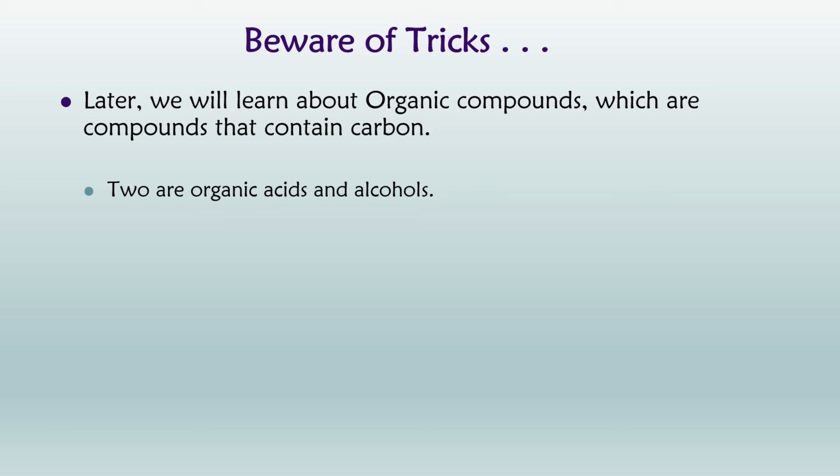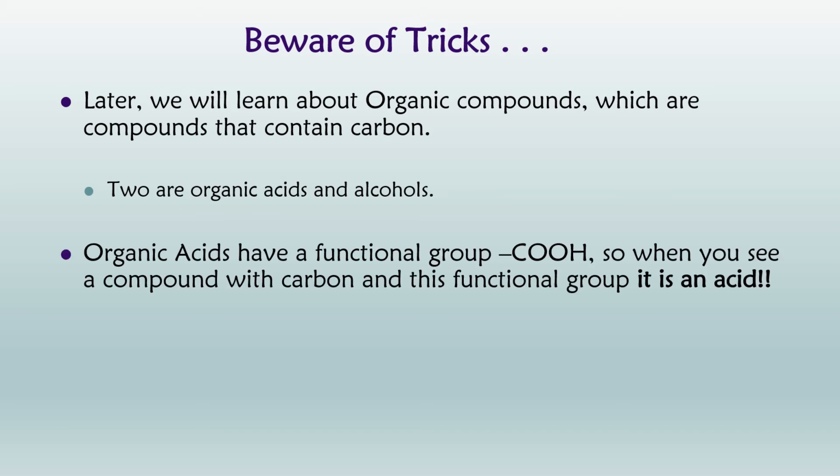Now, here's the deal. Organic compounds have a functional group with them. So a functional group is basically just a part of a compound that is always going to be with those types of organic compounds. For example, organic acids always have a functional group COOH with them. And then there's another carbon related compound part before that COOH that is attached to that functional group.